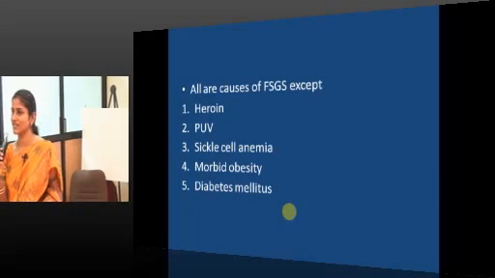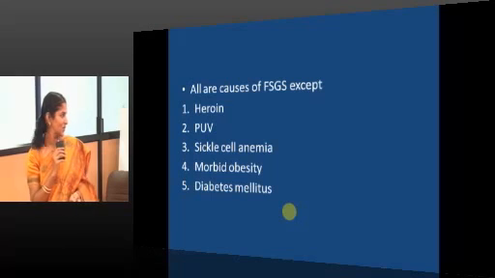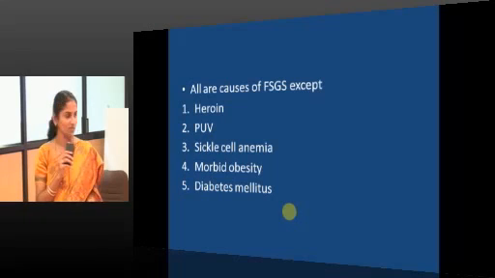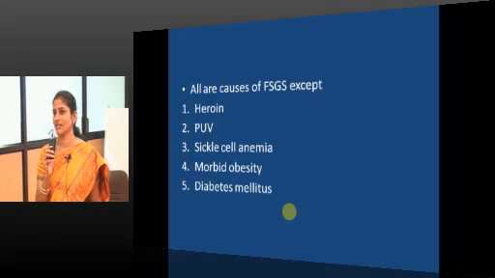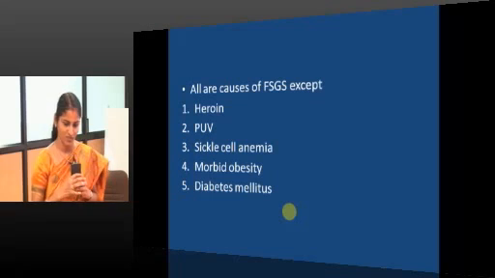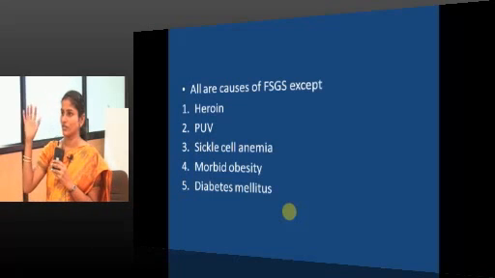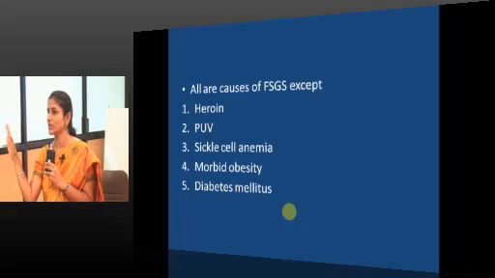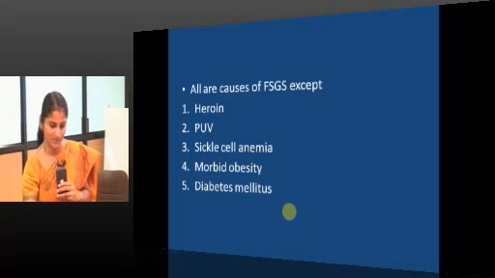Sick, that sick stands for sickle cell anemia. Morbid obesity, yes, a mass hero, massive obesity, right. Diabetes mellitus, no. Diabetes is never focal. So, this is all about focal segmental; it is diffuse sclerosis in diabetes.